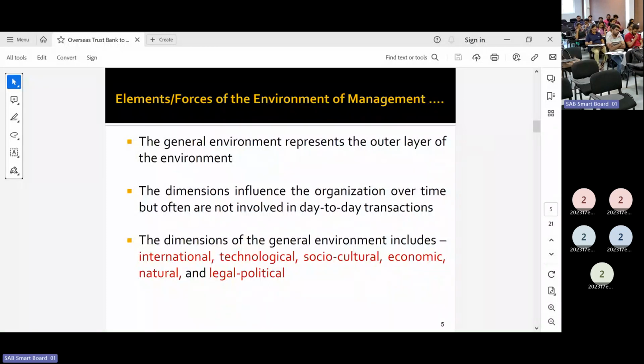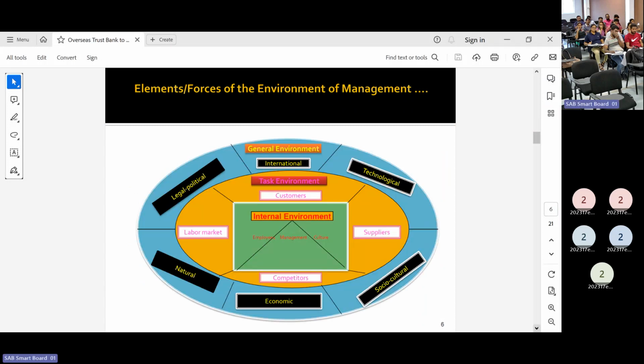Then we will have a diagram on that at the end of this lesson, to know how to adapt to these external environmental forces. This is the diagram with different colors. You can grasp the things easily.